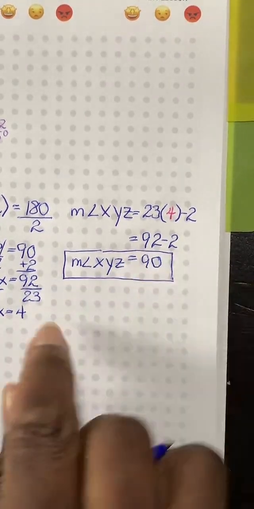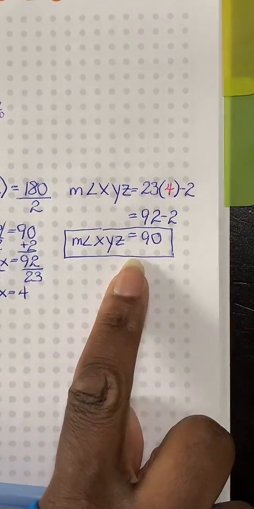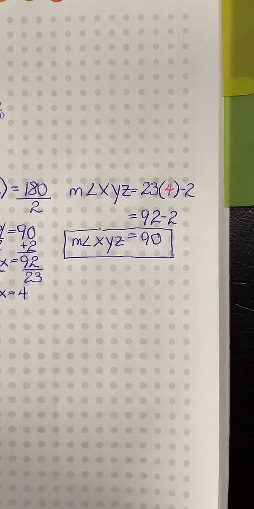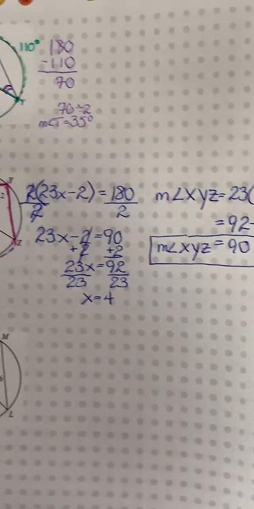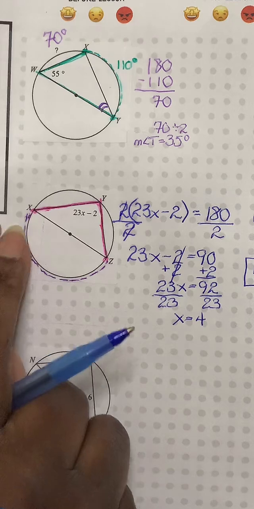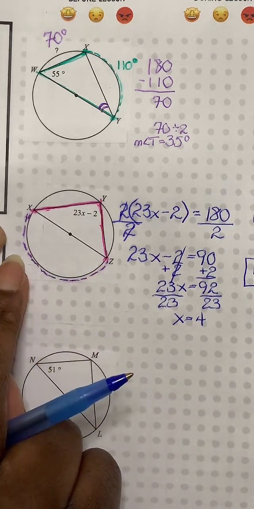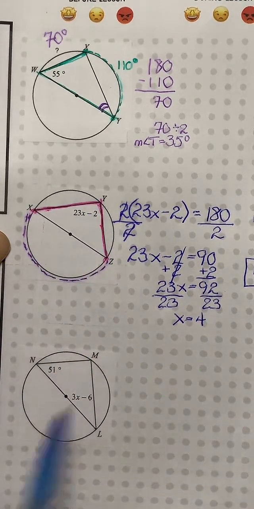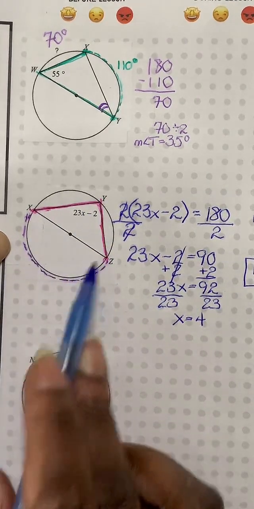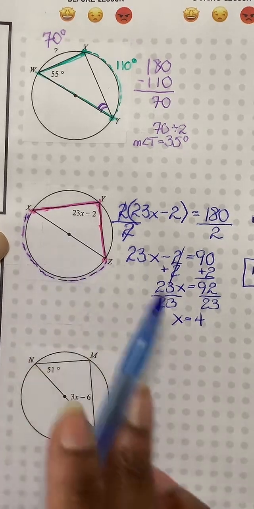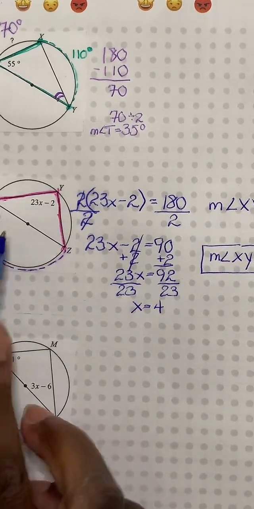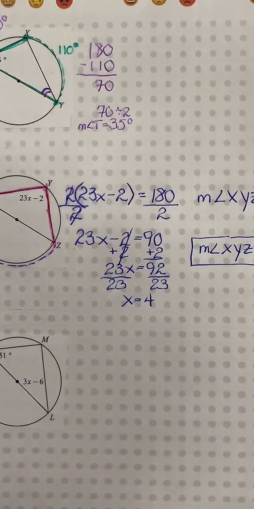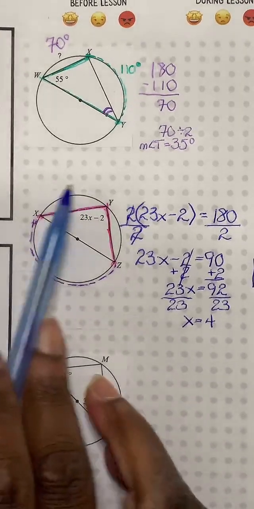We didn't have to do all of this, because didn't it take us right back to our 90? Once we figured out the measure of this arc is 180, half of that gives us 90 if I'm looking for x, y, and z. If I just want to find what x is, yes, I want to do all the work. If I want to find the measure of that angle, I could have stopped at 90. But here's the thing. It didn't tell us what to do.